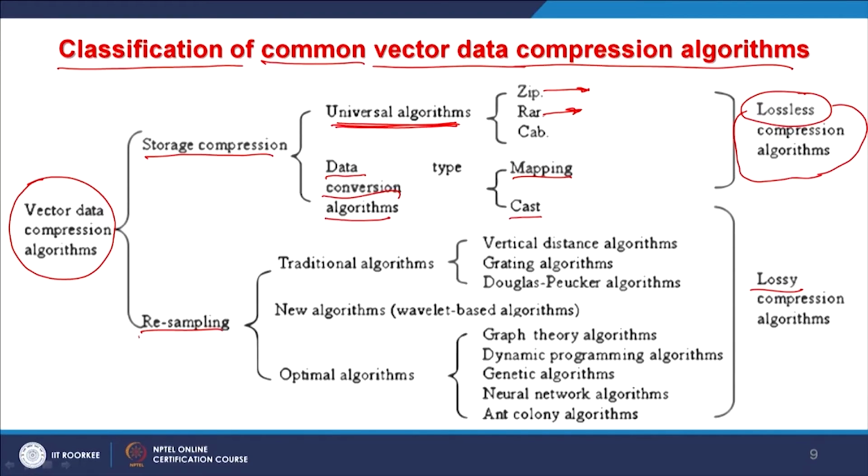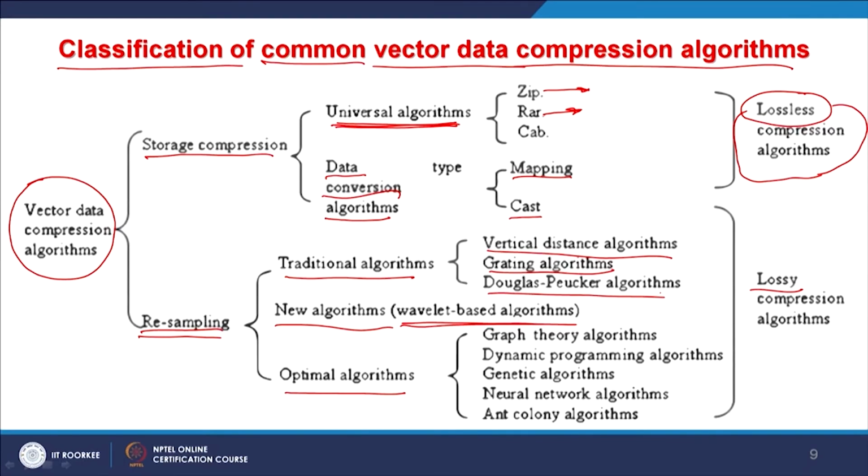Now, for resampling methods, there are traditional algorithms, and new algorithms, especially wavelet based algorithms, which are becoming very powerful and very useful, and then optimal algorithms. If we go for traditional algorithms, then there are the vertical distance algorithm, the Douglas algorithm, and others in GIS.